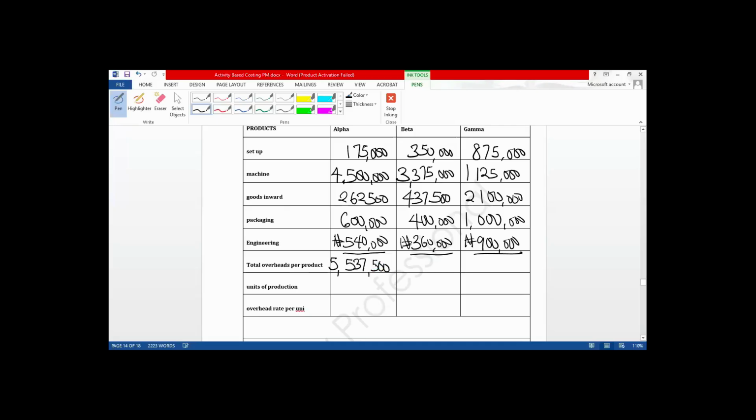Gamma is 6 million. Now Beta is 4,922,500.